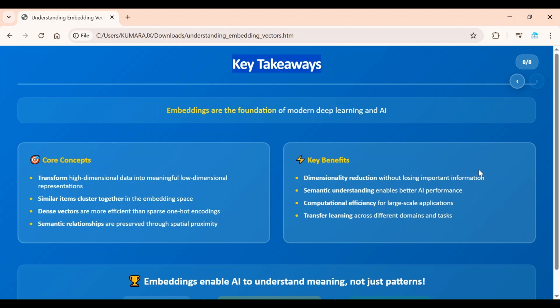And the benefits? Well, we get dimensionality reduction without losing important information, the semantic understanding that enables better AI performance, the computational efficiency for large-scale applications, and the ability to transfer learning across different domains.